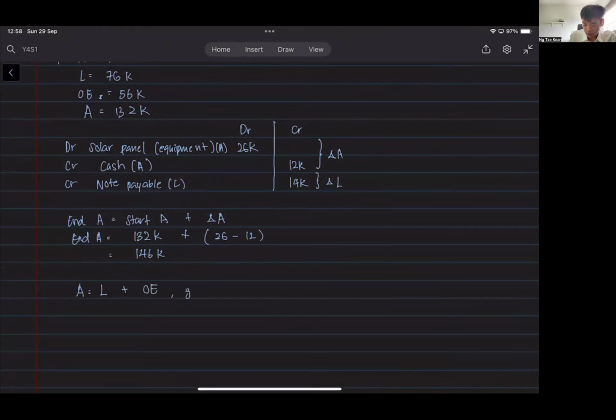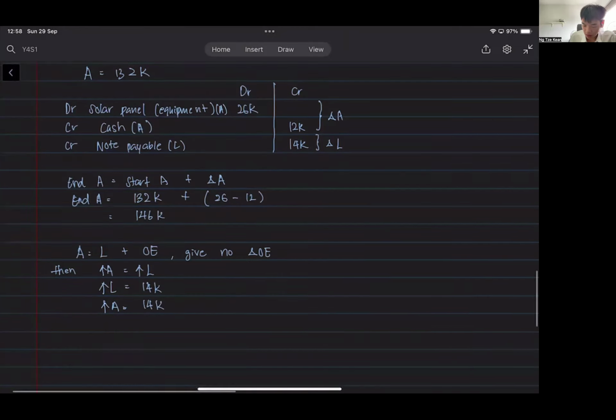And given that there is no change in owner's equity, as we've seen from the question, then the increase in asset must be equal to the increase in the liability. And we know that the increase in liability is 14,000. Thus, the increase in asset must be 14,000.